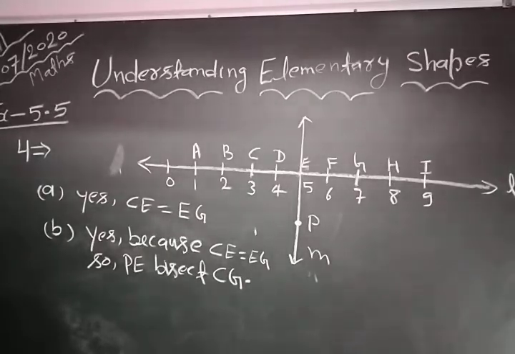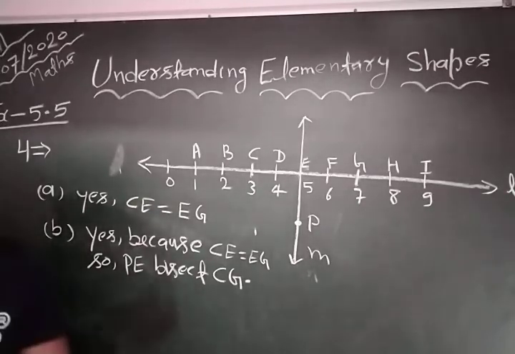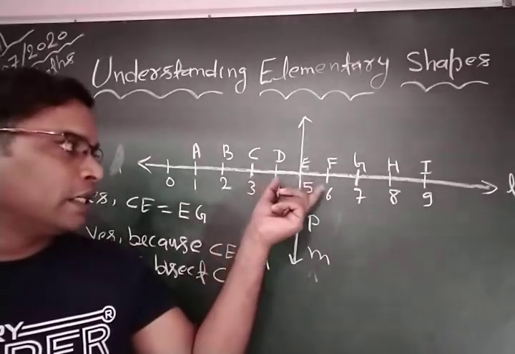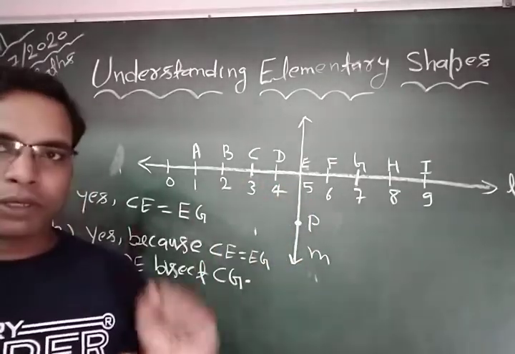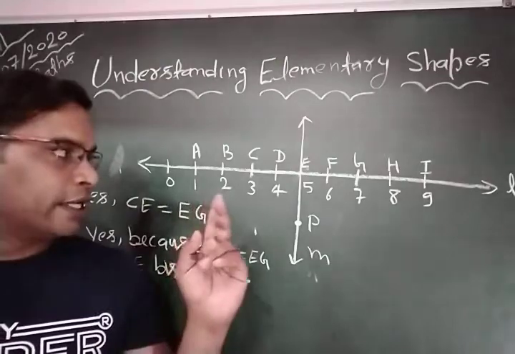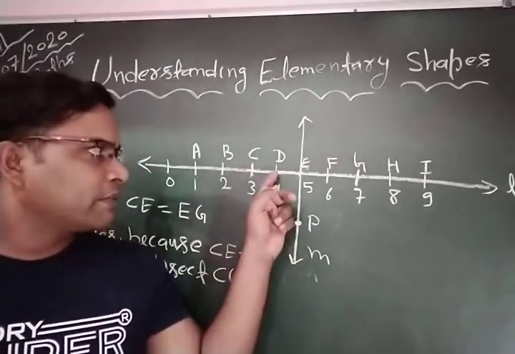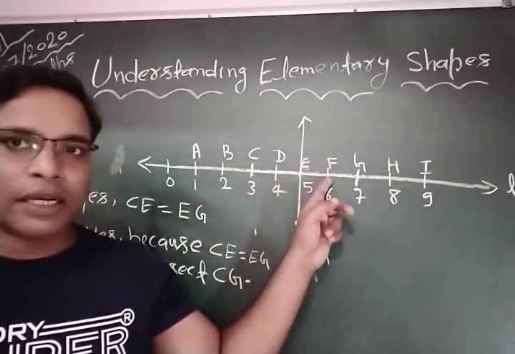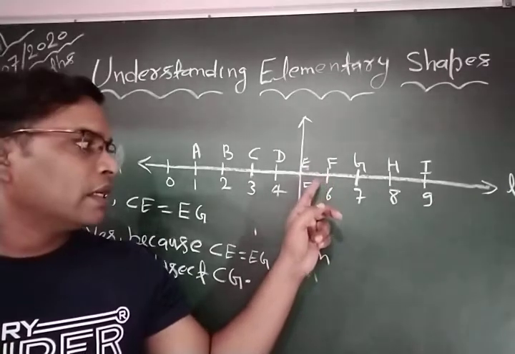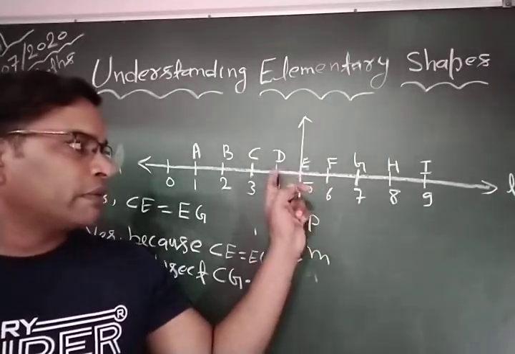Now, C part. Identify any two line segments for which P is the perpendicular bisector. We identified two line segments here. You can see line segment DF. P is also the perpendicular bisector of line segment DF.